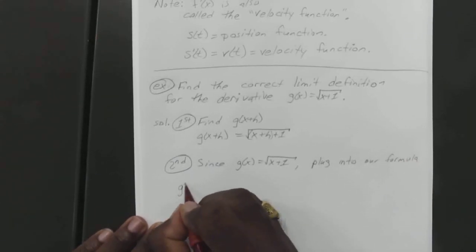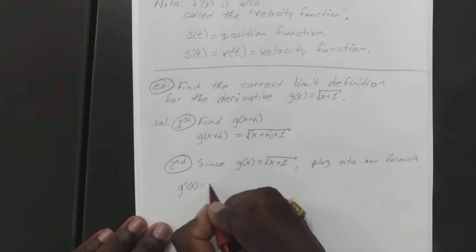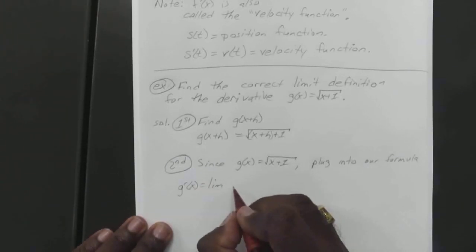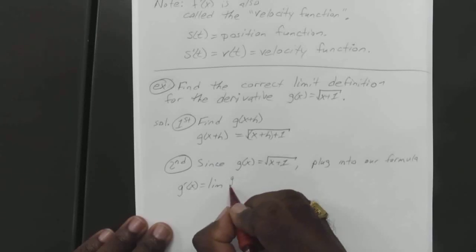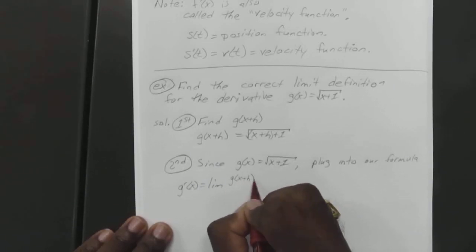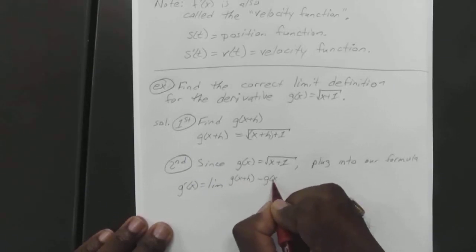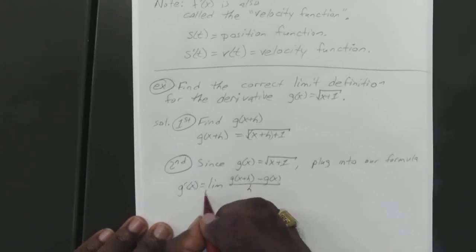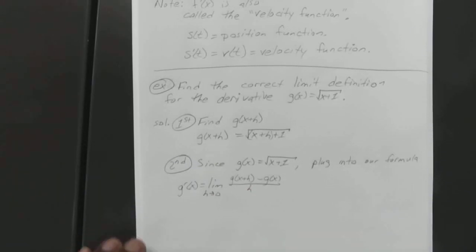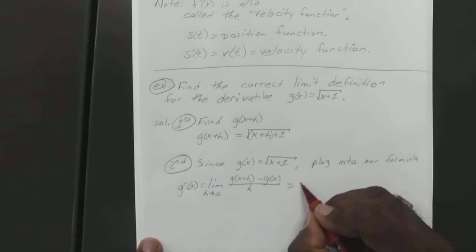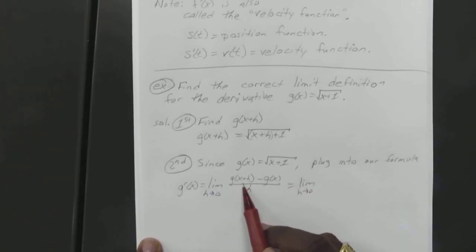So if g prime of x is equal to the limit of g of x plus h minus g of x all over h as h approaches 0, then that's going to equal the limit as h approaches 0 of g of x plus h.